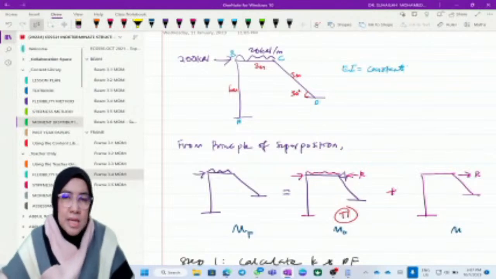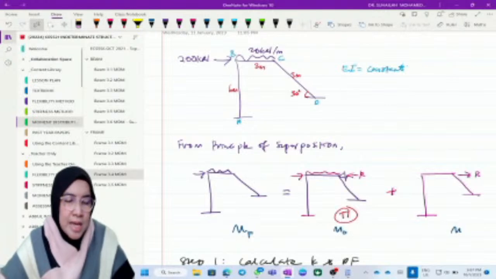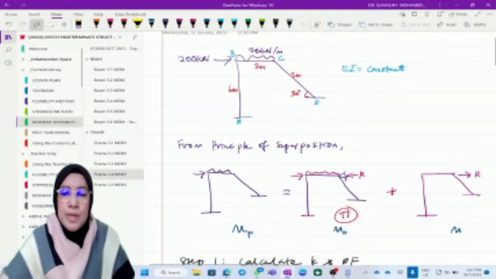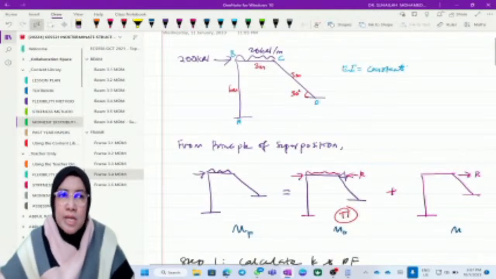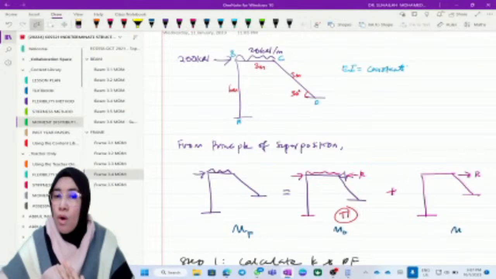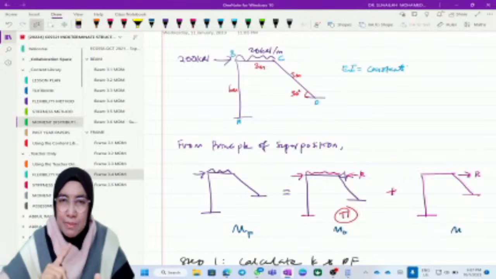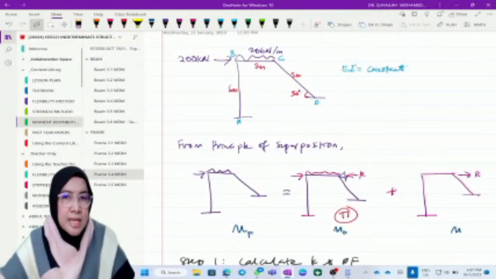Basically the process is the same, except in this case the beam also has the delta. So in table number 2, we have the fixed end moment due to delta for all members AB, BC, and CD. Okay, so I think that's all for this session.